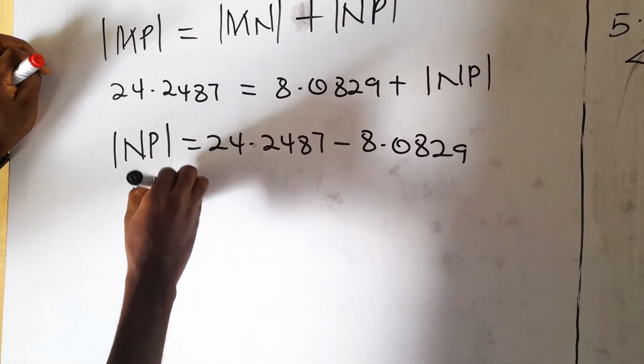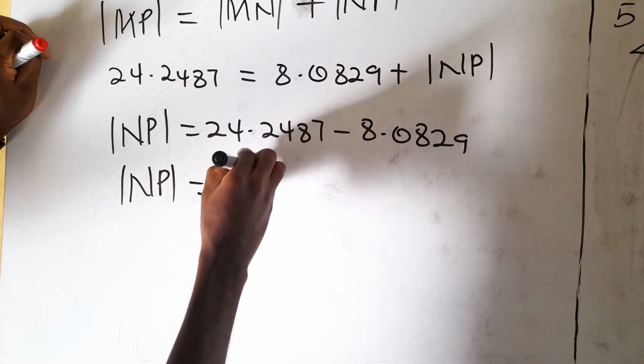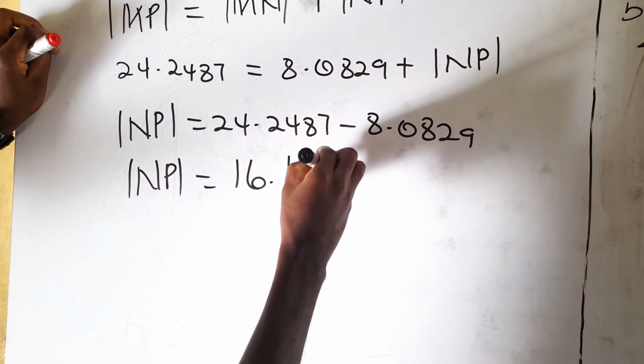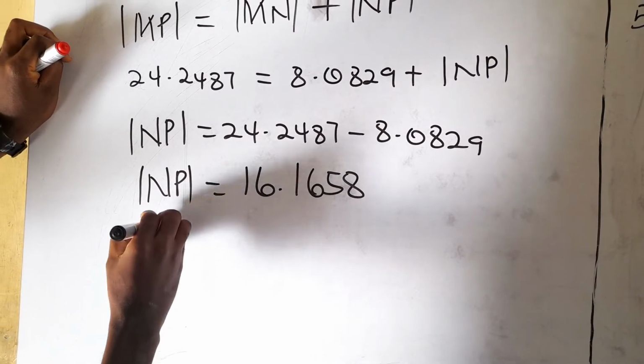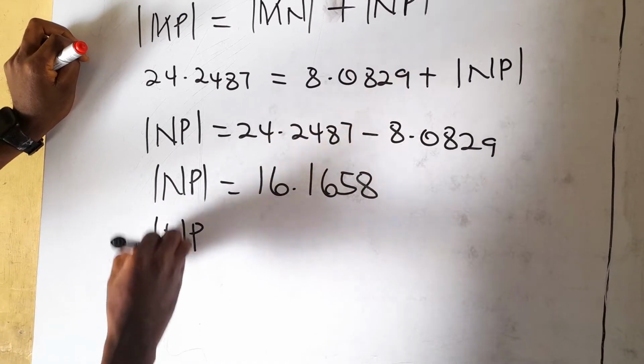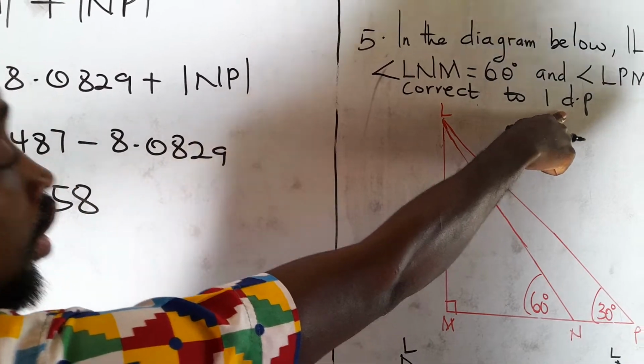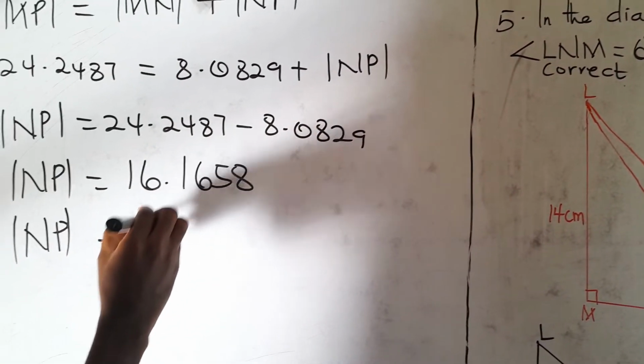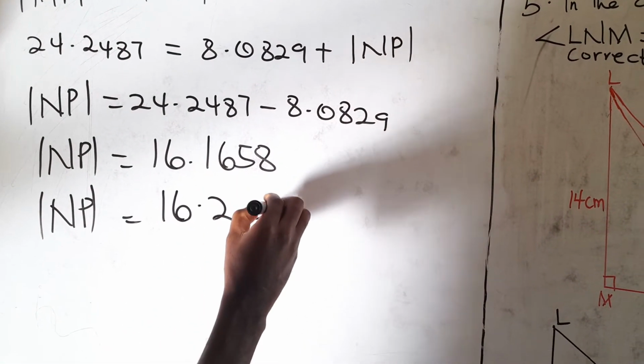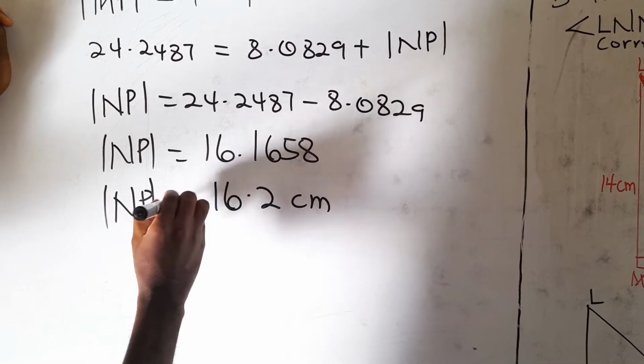We'll subtract that, we'll get 16.1658. So NP correct to one decimal place will be equal to 16.2 centimeters. So that's it.